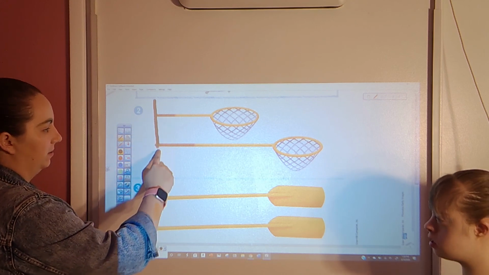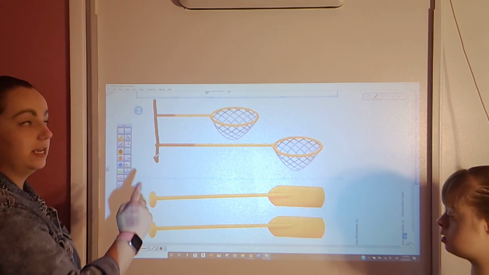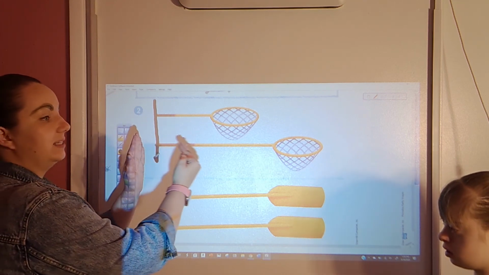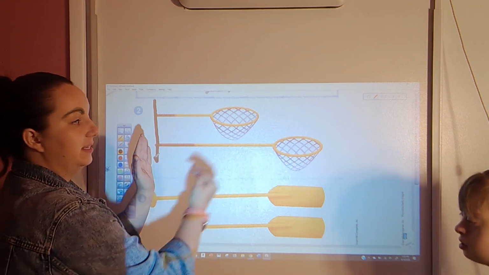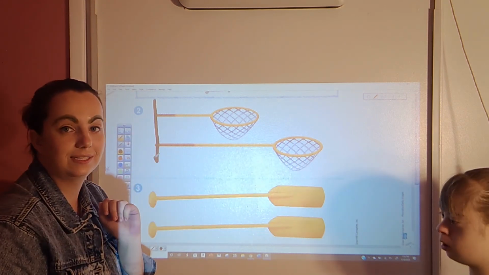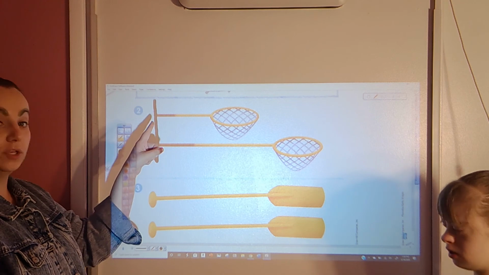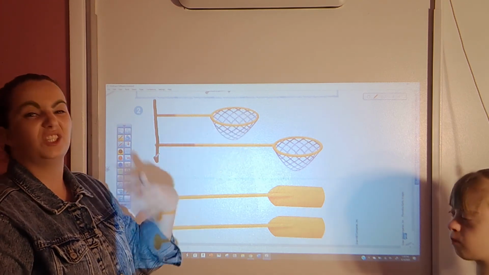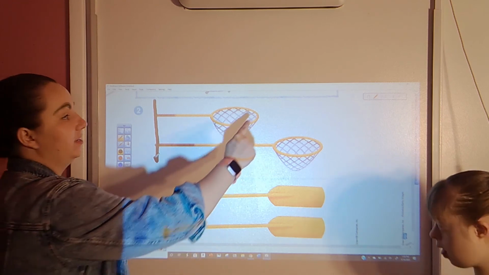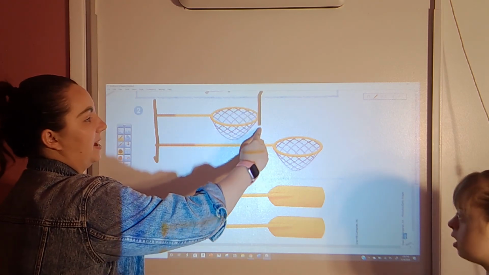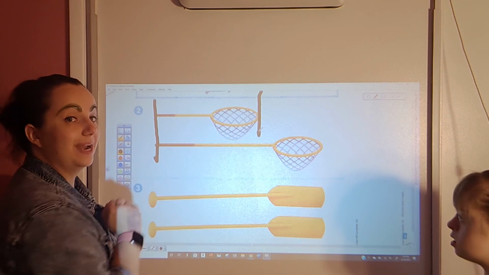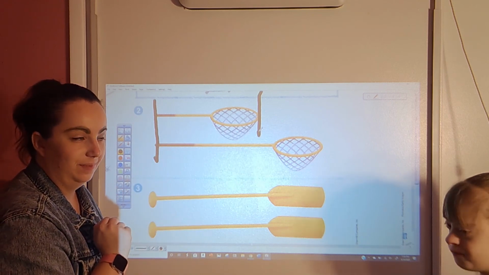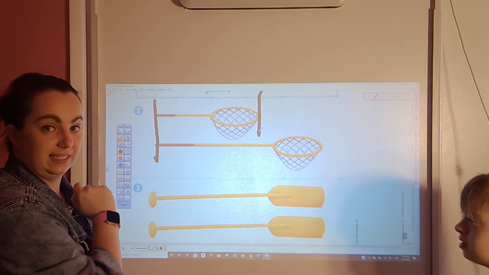I start my measuring here, and then I need to see how long, see their length across. So I measure this net from the left side over to the right. Just to help me see it, I'm going to draw a line right there to say, this is the measurement of this net.